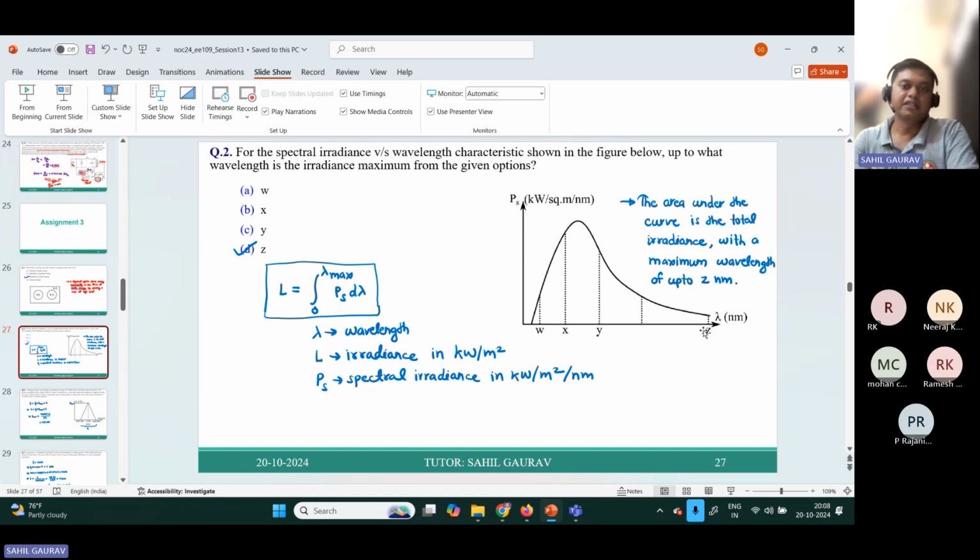So we have to take this point such that it will give this area under the curve, and this way we will get the irradiance maximum. And to find the area under the curve, we have to integrate the spectral irradiance with respect to lambda. So integral of PS d lambda from 0 to lambda max, and lambda max we can take as till this Z nanometer.